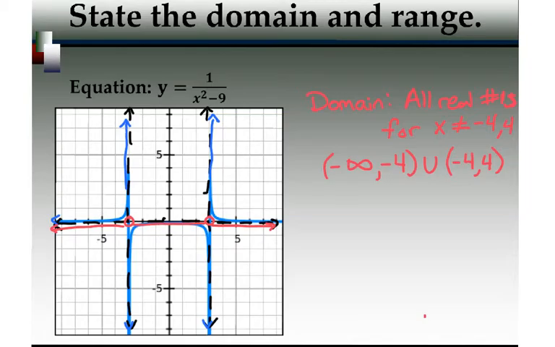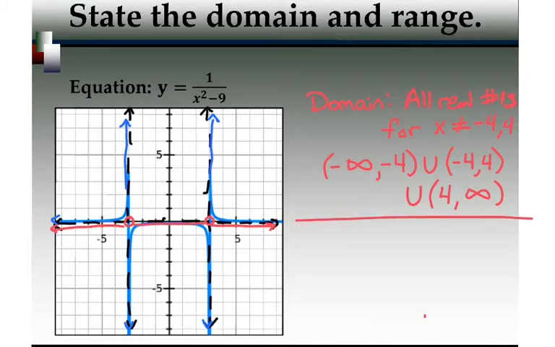See how I'm covering the whole x-axis? So negative infinity to this point here, and then -4 to 4. Then again, I'm going to make another union symbol and union that with 4 to positive infinity. And there you go. There's the domain.